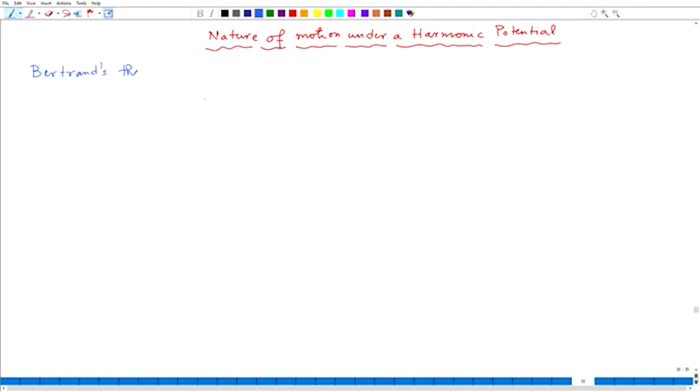Bertrand's theorem said that when Fr is proportional to 1 by r square and Fr is proportional to r, in both cases every bounded motion will have a closed trajectory, always.